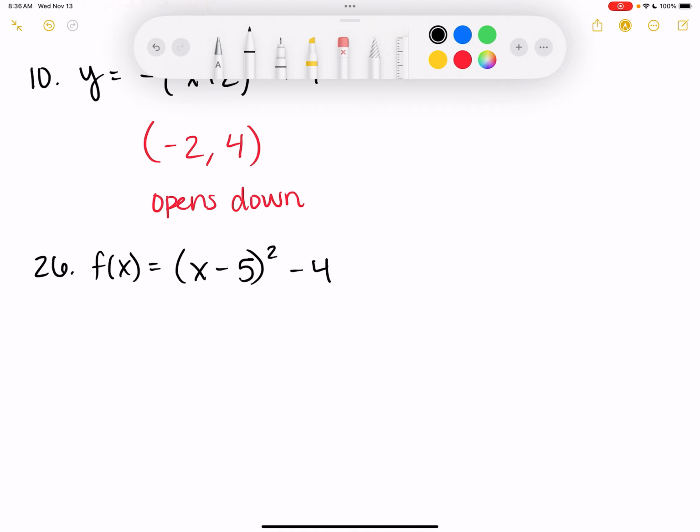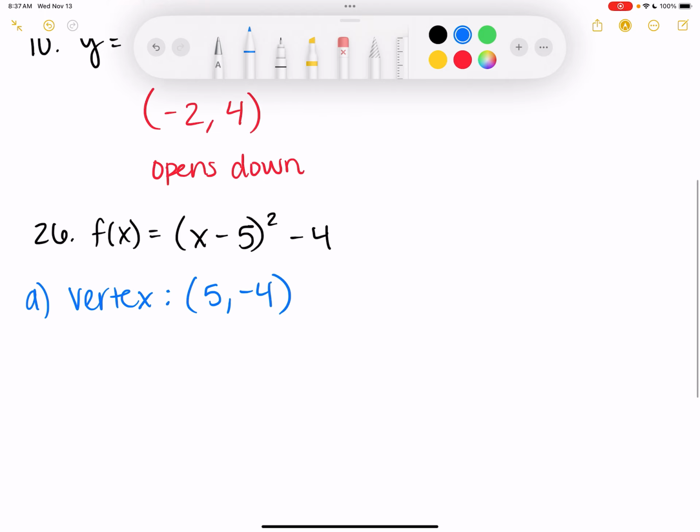So we need to find the vertex, axis of symmetry, domain, and range. We'll do domain and range after we graph it, but it wants us to find the vertex, which for this one would be what? Yep, 5, negative 4. So it's the opposite sign here, same sign here.